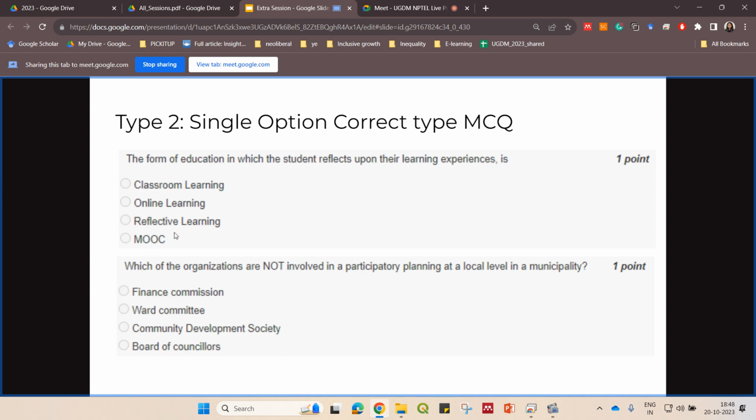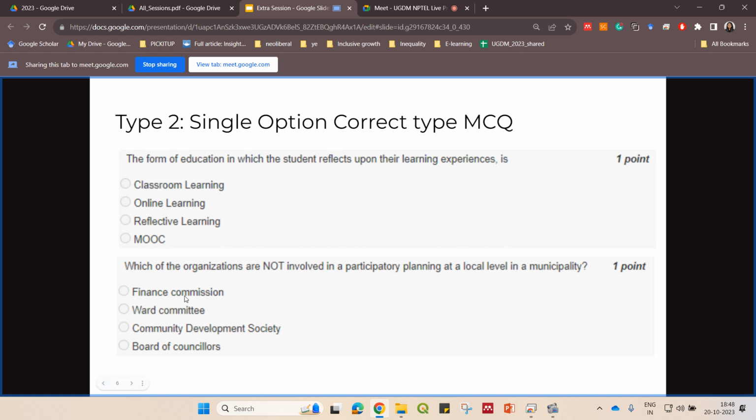Similarly, MOOC or massive online open courses are again not examples of reflective learning, or a setting in which a student reflects upon their learning experience. So the correct answer for this question is only one, which is reflective learning.